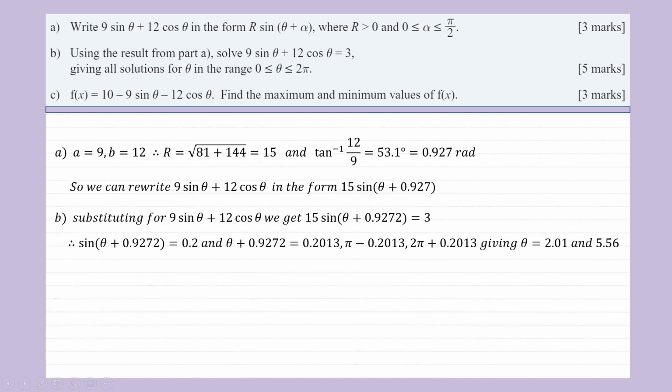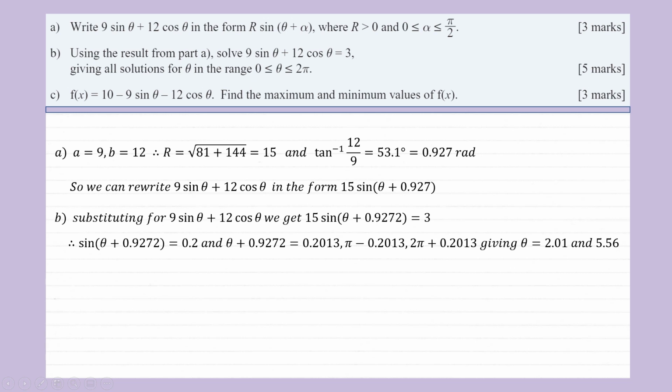0.2013, or pi minus 0.2013, or 2 pi plus 0.2013, and so on. Now I've stopped there because looking at these solutions, I can see that if I produce any more solutions, they will take us outside of the range of theta, which is between 0 and 2 pi.